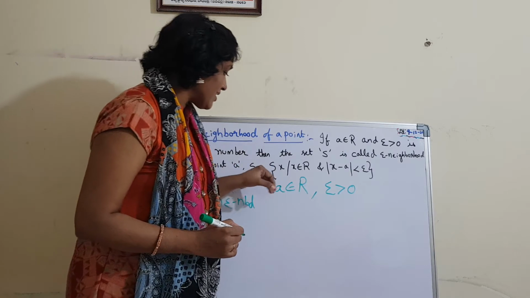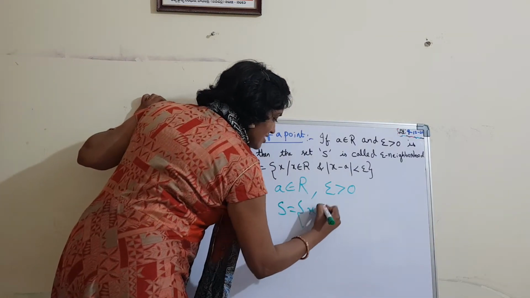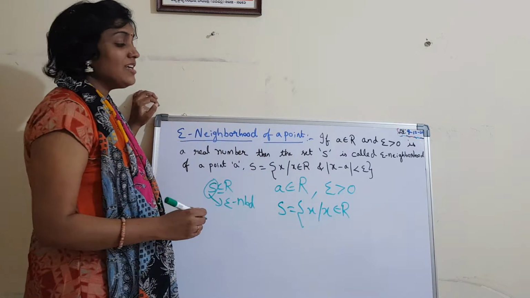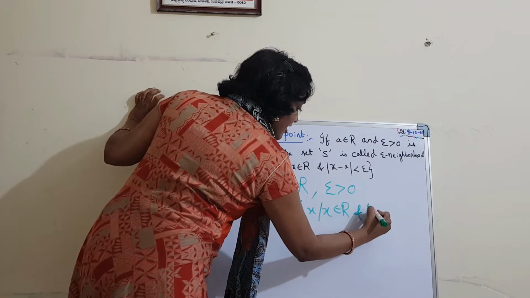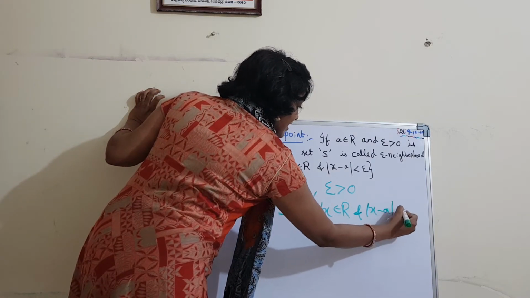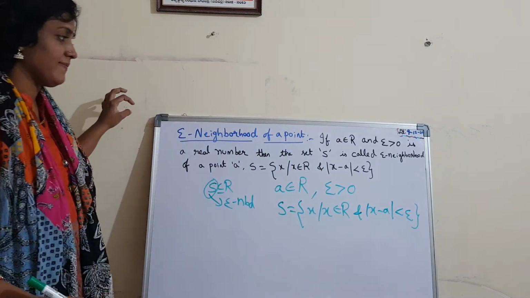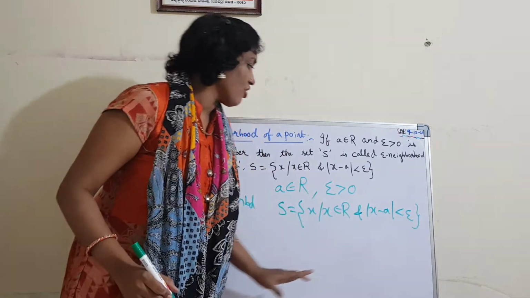S is equal to the set of X such that X belongs to the real numbers and mod X minus A is less than epsilon. Mod X minus A must be less than epsilon.